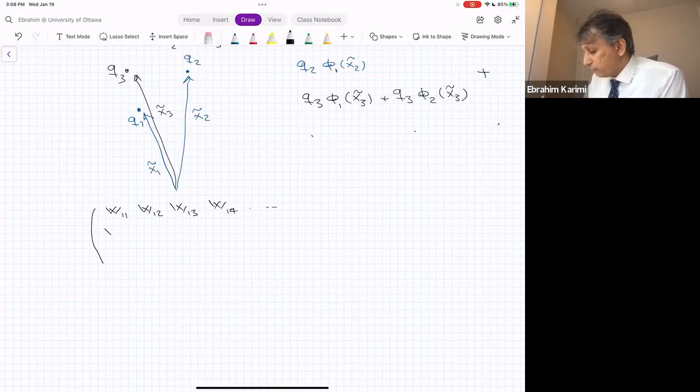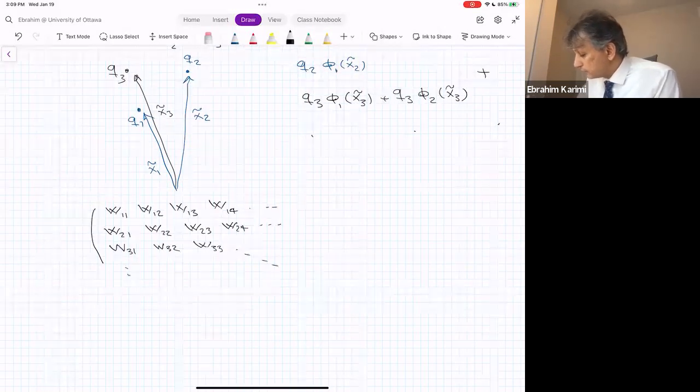And then I have the work of particle 2 on 1, particle 2 on 2, particle 2 on 3, and 2 on 4, and so on. And again, the work of particle 3 on 1, particle 3 on 2, particle 3 on 3, 3 on 4, and other terms.